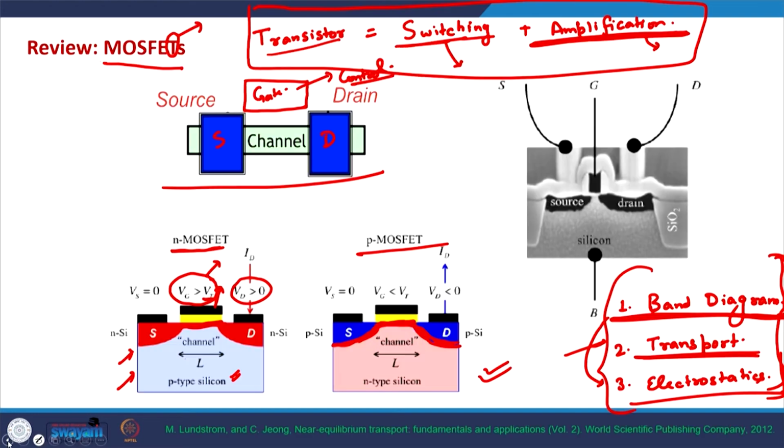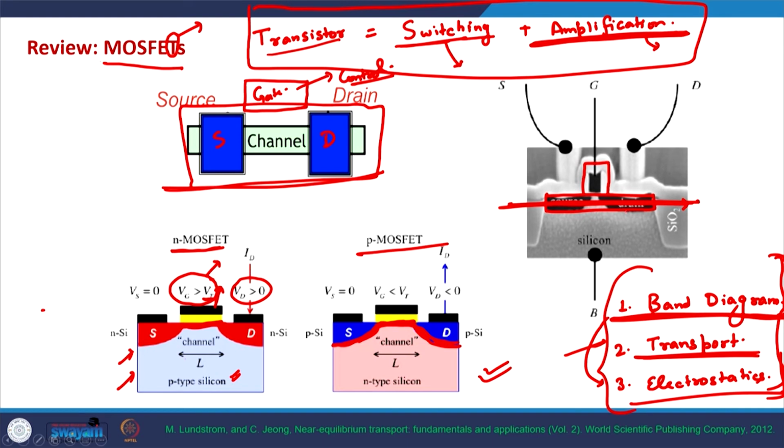So, as you can see, the most important part of the device is essentially this 2 terminal device, and this third terminal also plays quite a crucial role, but the current flows in this direction in an NMOS, let us say. So, we first will see how the band diagrams look like in this direction.